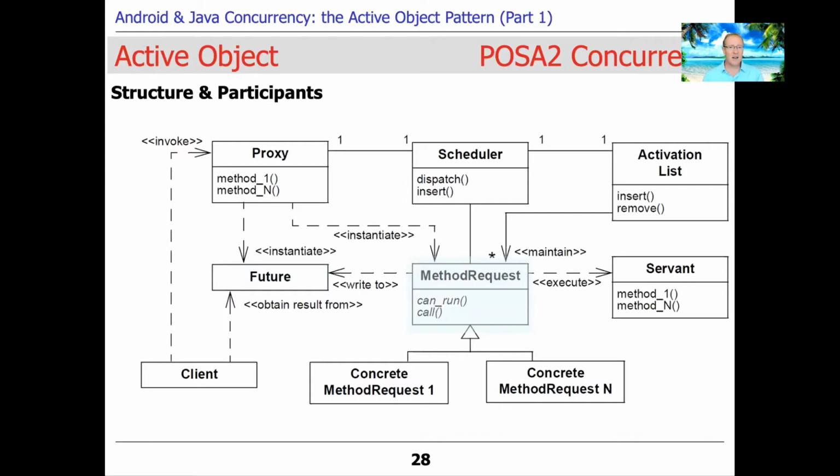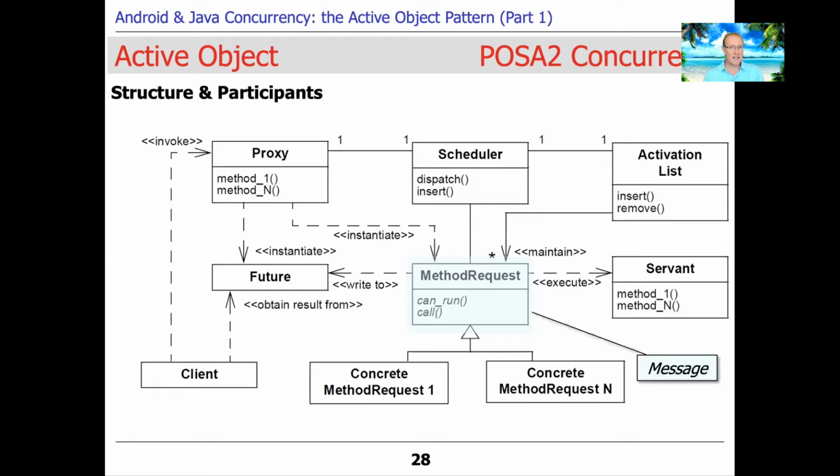The next element we're talking about here is the method request. The method request is what the proxy converts the method call into. So when you invoke a method call on a proxy, it converts the parameters and sticks them into a message, which is termed the method request in the context of the active object pattern.